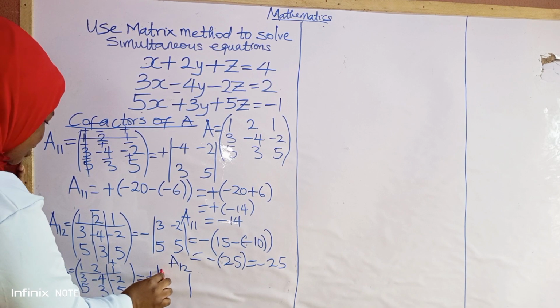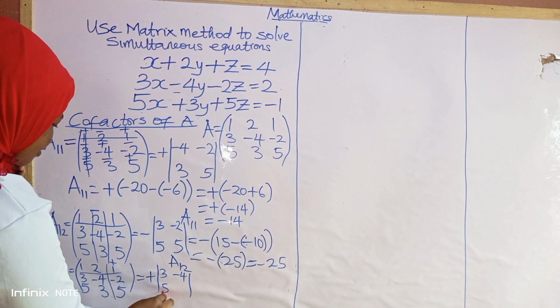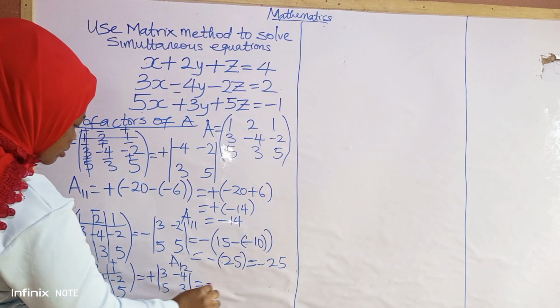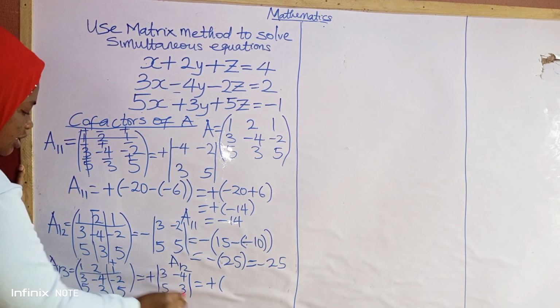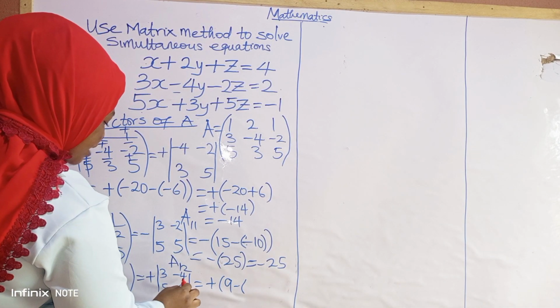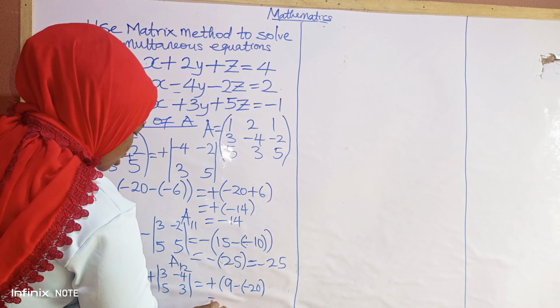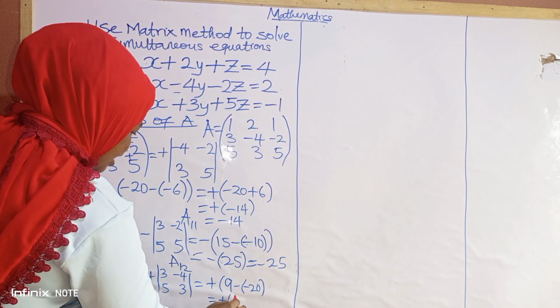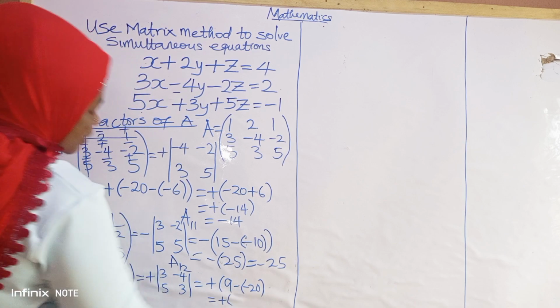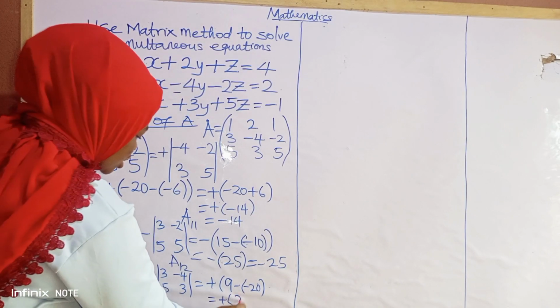So I have 3, minus 4, 5, 3. So this will be plus into brackets 3 multiplied by 3, 9, minus 5 multiplied by minus 4, minus 20. And this is what? Plus multiplied by 9, minus multiplied by minus 20, that is plus. So 9 plus 20, that is 29.